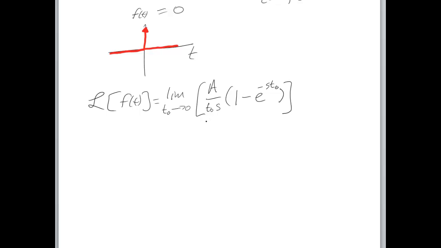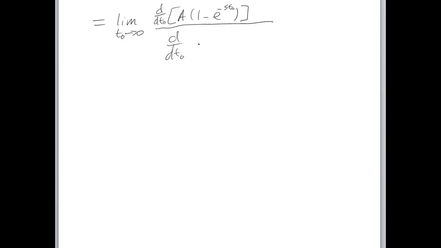Remember that this part was the result from the Laplace transform of our pulse function. Okay, so really, if we just take the limit of our pulse function to the point where that pulse happens over an infinitesimally small amount of time, then we'll have the Laplace transform of an impulse.